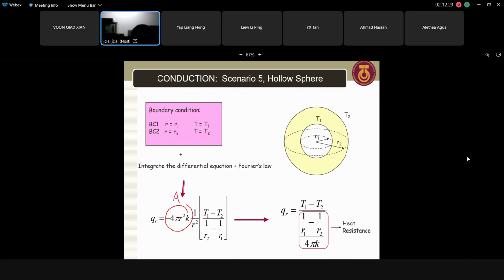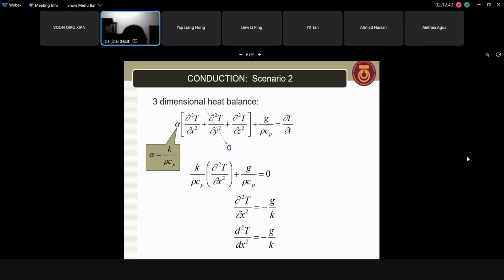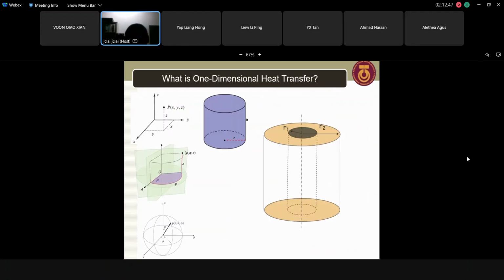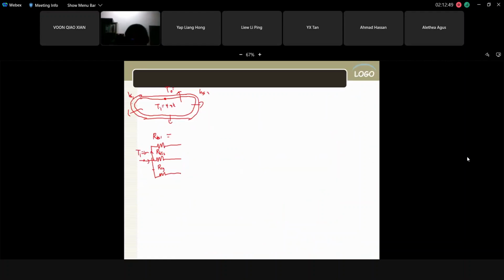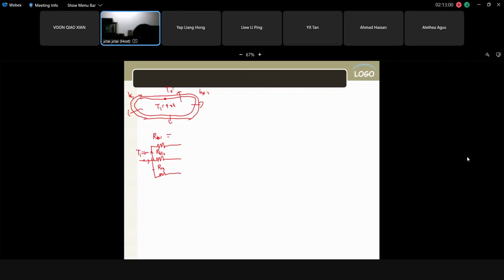The area is for the whole sphere, because the formula is 4 pi r squared. This is for one whole sphere. But now your case is hemisphere, right? So there is some modification you need to do here, because this is for full sphere and now your case is hemisphere.